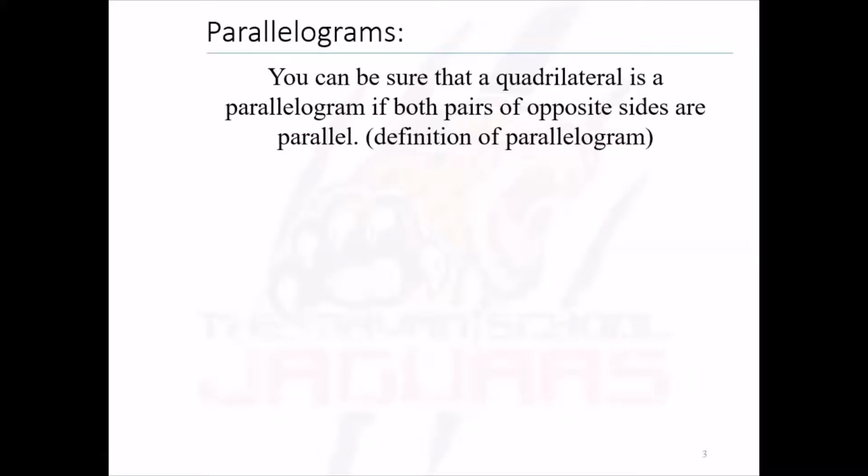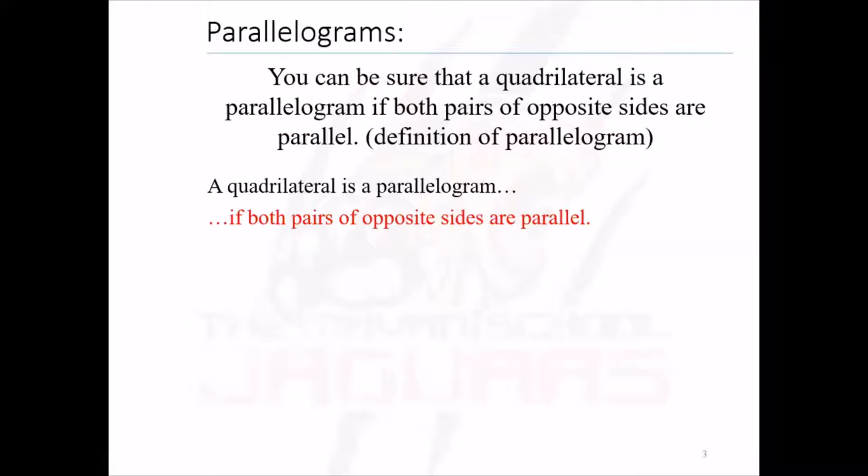What is another way of proving that a quadrilateral is a parallelogram? Okay, another way is to prove that both pairs of opposite sides are congruent. If we can prove that both pairs of opposite sides are congruent, we can guarantee that this quadrilateral is a parallelogram. Also, if both pairs of opposite angles are congruent, that guarantees that the quadrilateral that we have is a parallelogram.